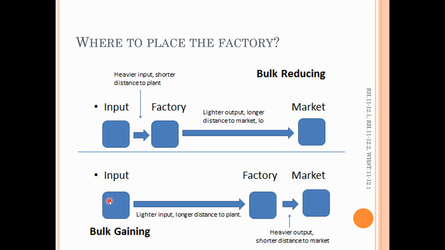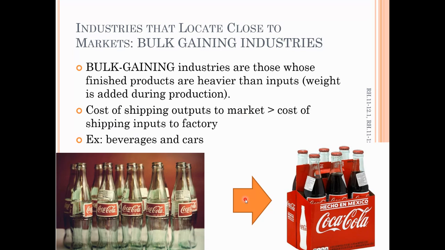As a result, I'm going to put my factory as close to the market as possible so I don't have to move my products very far once they're actually made, and I'll pay then to ship my various inputs, my materials, to the factory. So again, I'm trying to minimize my costs by reducing the amount of money I spend on transportation, and I'm really looking then to make sure I'm not moving heavy stuff a long distance.